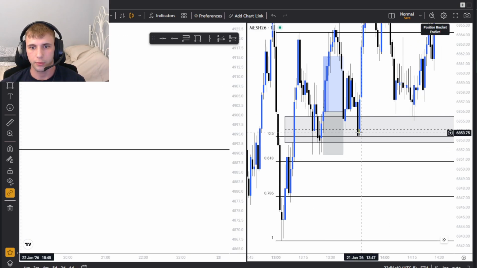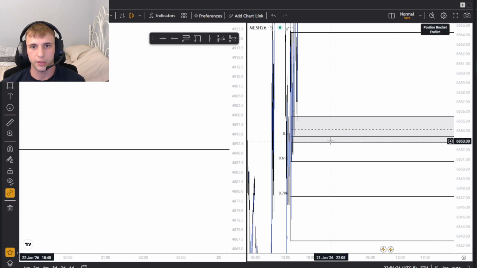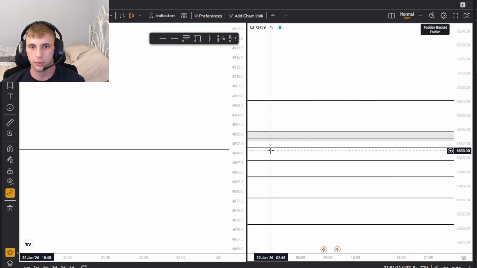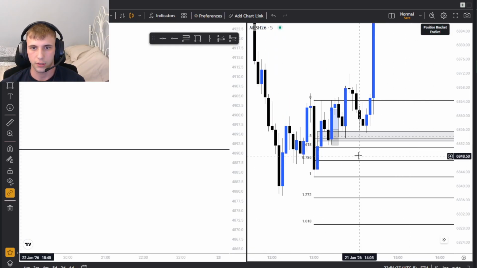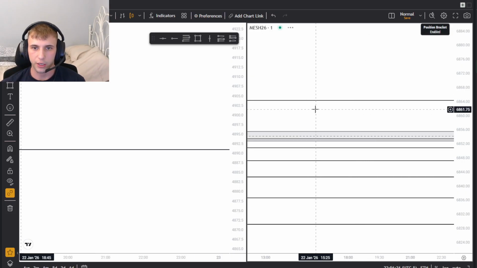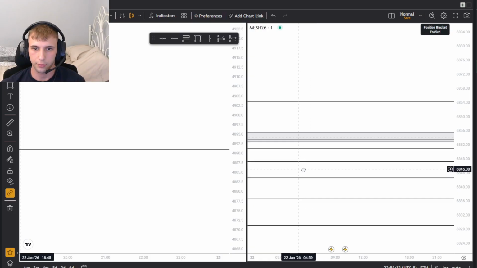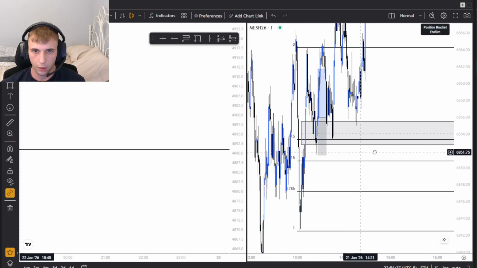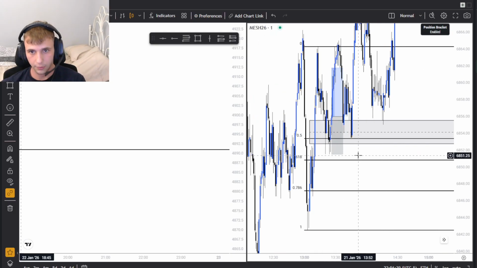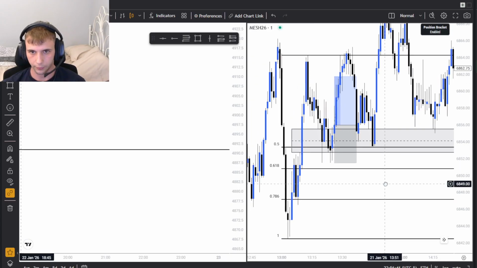Well, remember, this fib extension is on the 5-minute time frame, okay? And we never actually ended up filling this 0.618 level, okay?